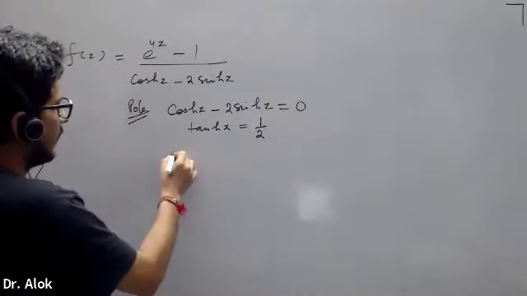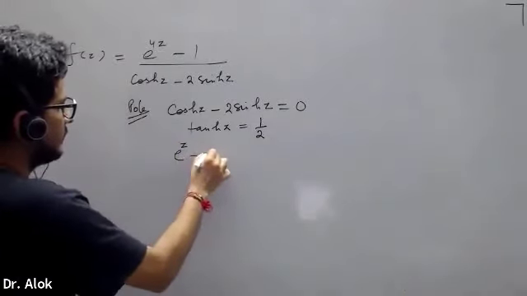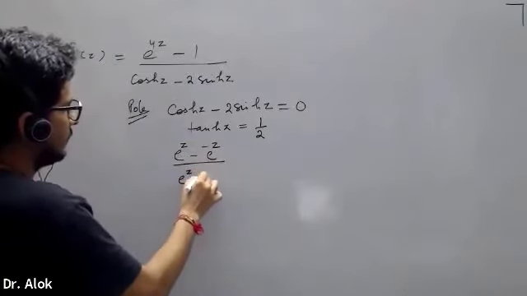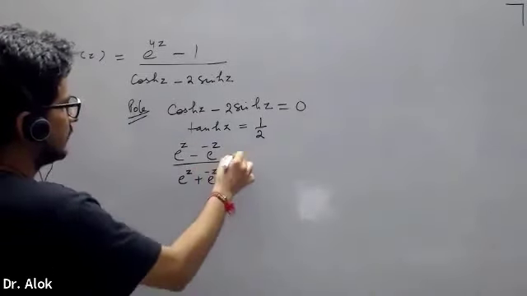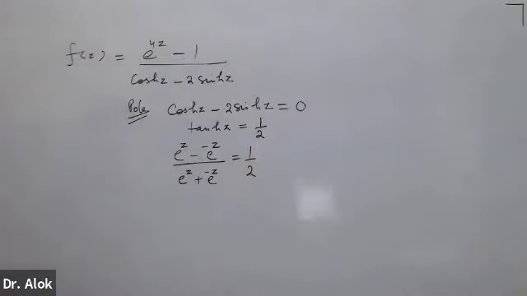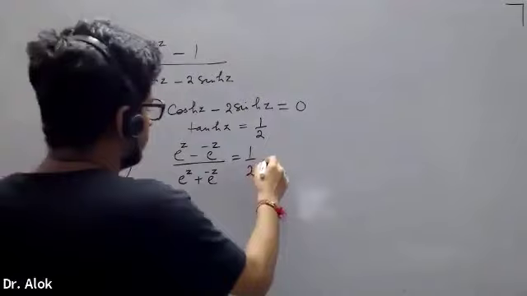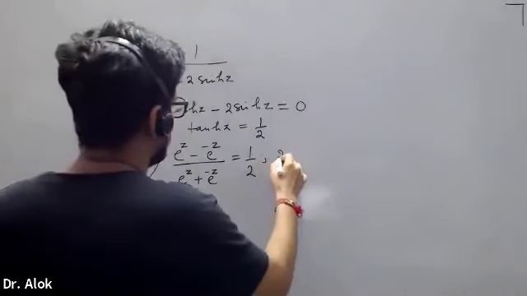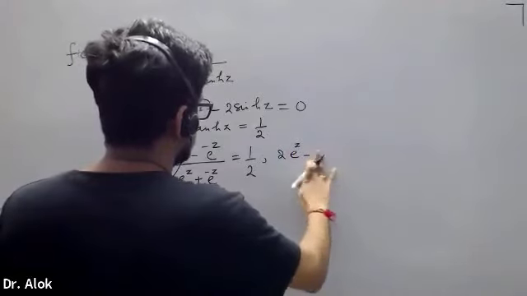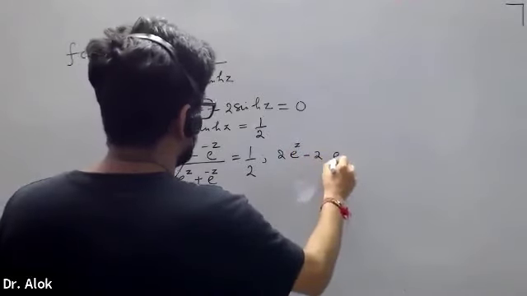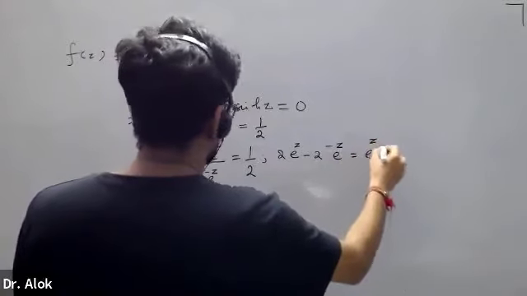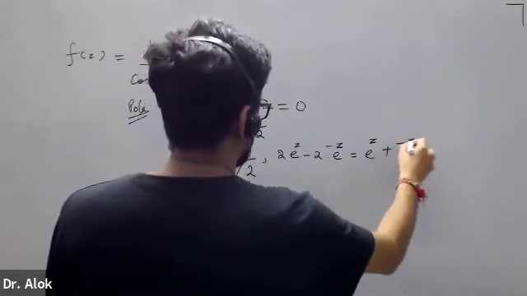So e to the power z minus e to the power minus z over e to the power z plus e to the power minus z is equal to 1 by 2. So this will be 2 times e to the power z minus 2 times e to the power minus z is equal to e to the power z plus e to the power minus z.